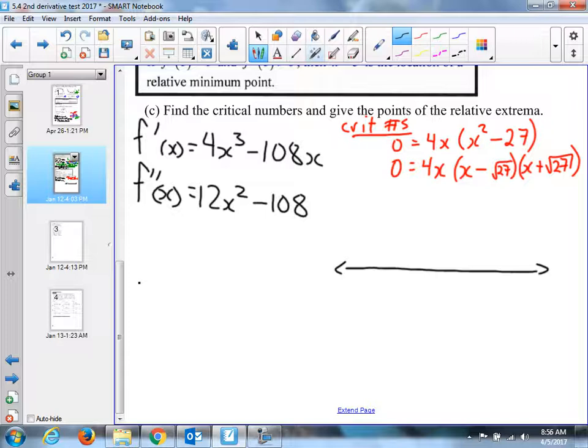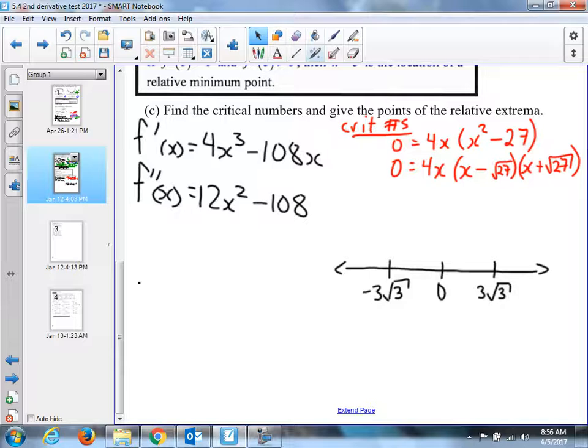So I'm going to put down negative 3 root 3, zero's in the middle, and 3 root 3. My actual first derivative factors are 4x, x minus root 27, x plus root 27.